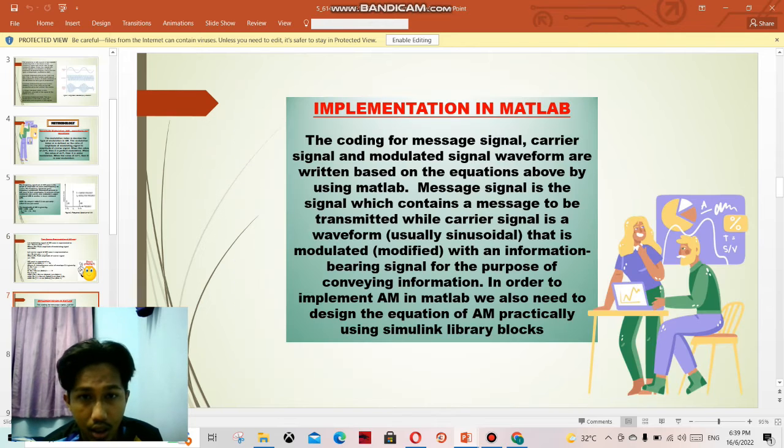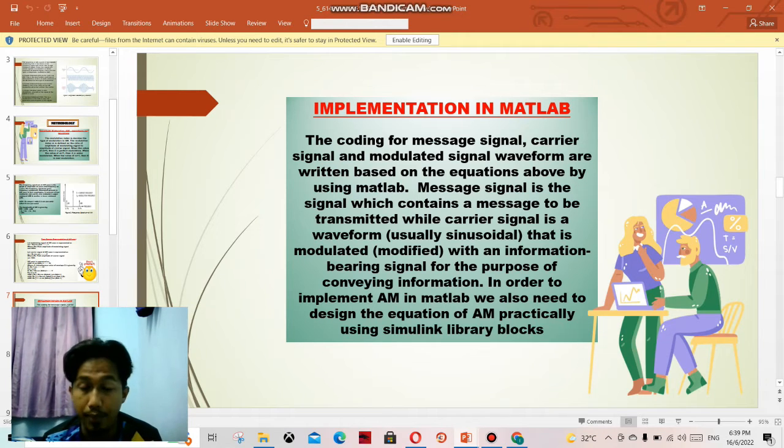Next, implementation in MATLAB. In MATLAB, the coding for the message signal, carrier signal, and modulated signal waveform is written based on the equation above.